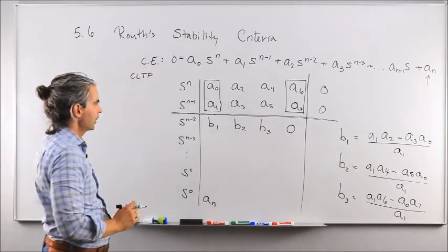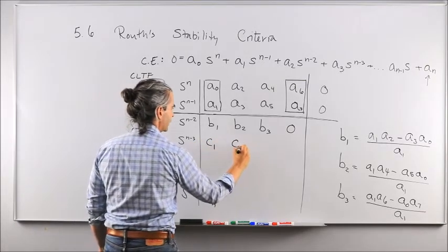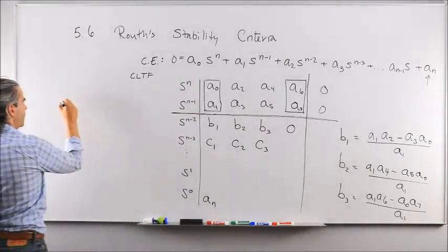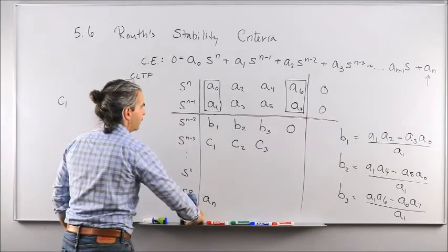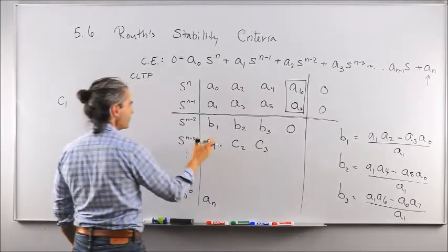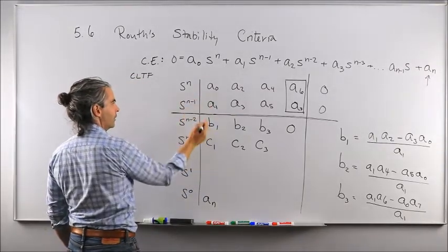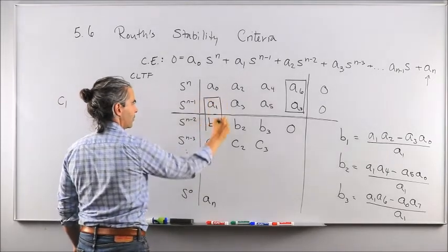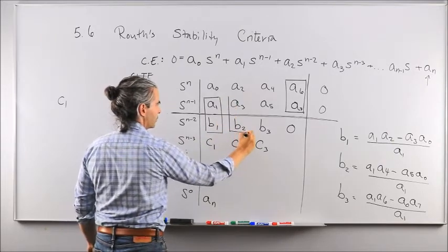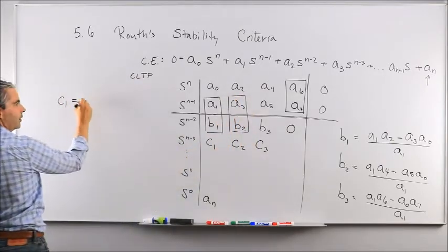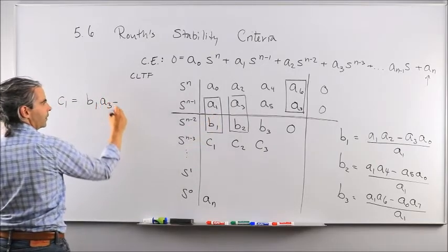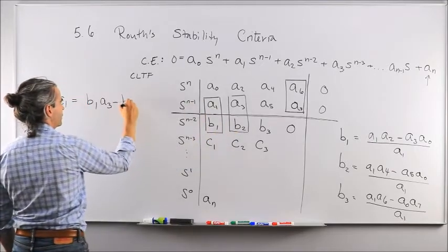Okay? So let's call these ones our C's. And let's see what we end up with. So for C1, calculation of C1 will be based on the 2 rows above it, okay, those 2 rows and first column, and the column and diagonal again for those 2. It is going to be C1 equal B1 times A3 minus B2 times A1.